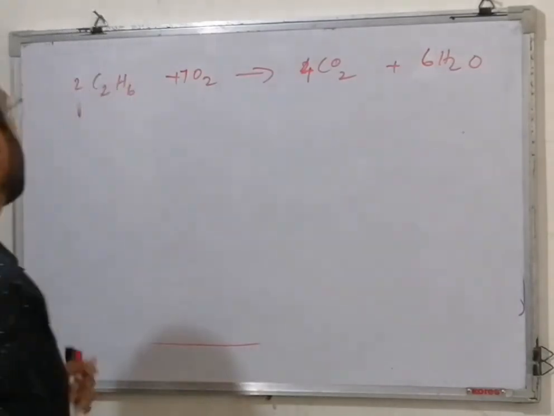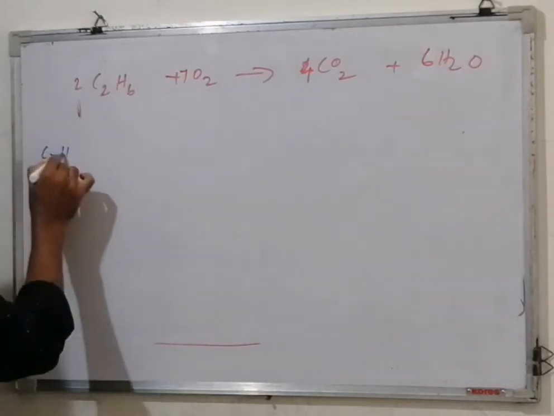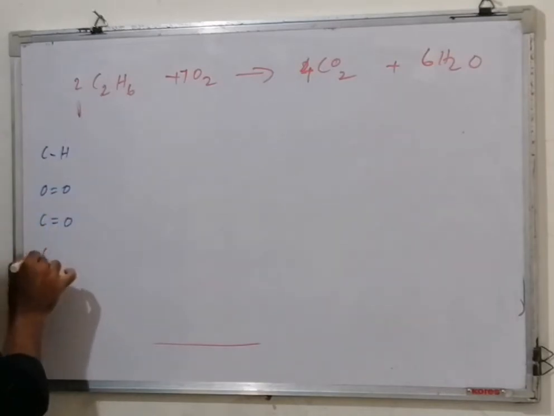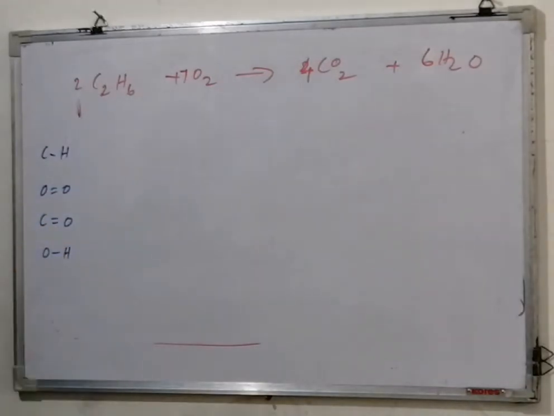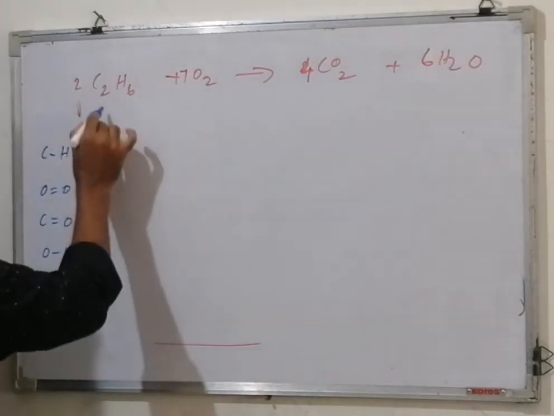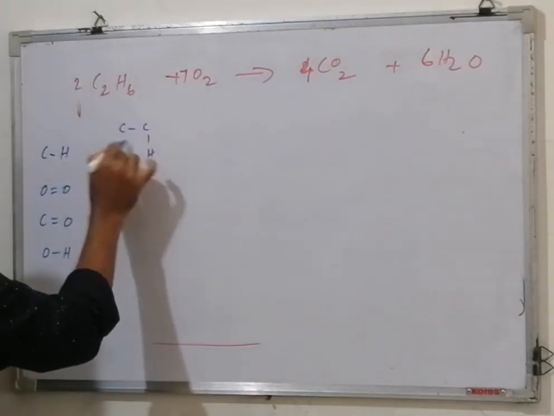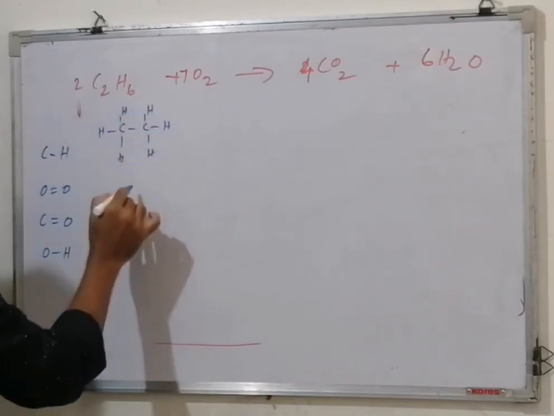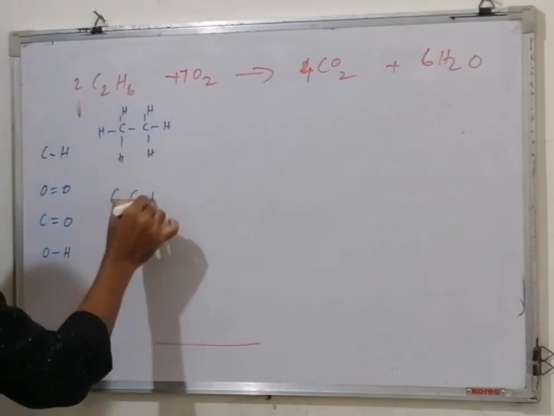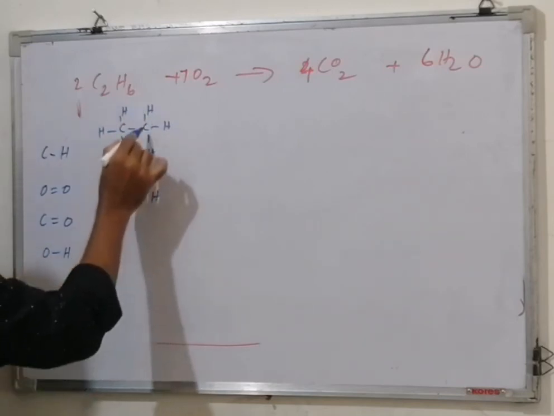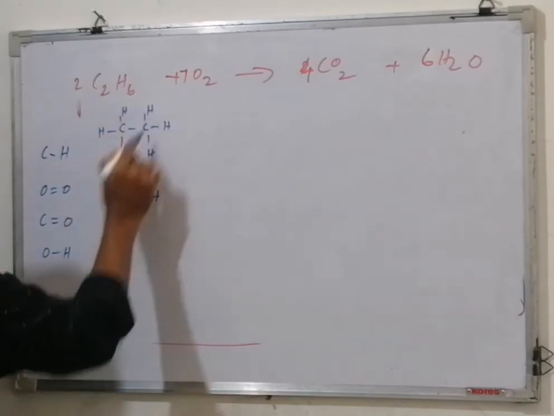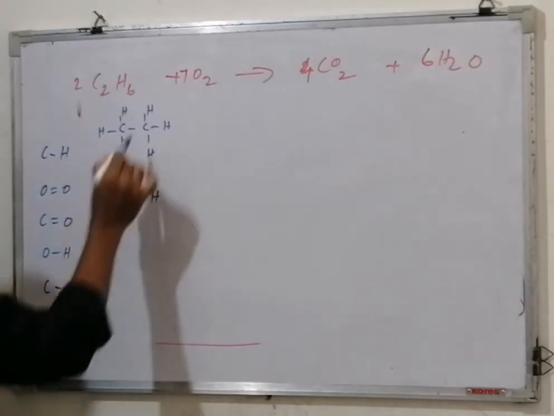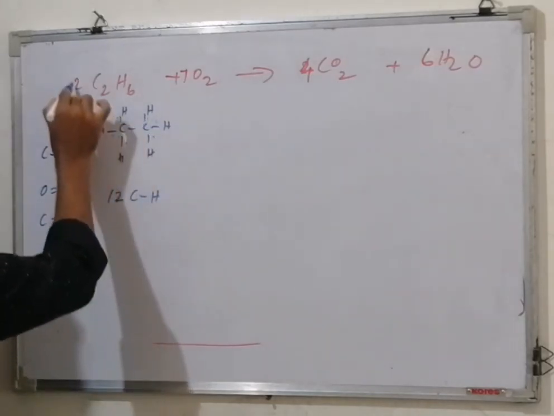Now you have a CH bond enthalpy, oxygen bond enthalpy, C double bond O enthalpy, and OH bond enthalpy. Suppose when you apply, very carefully, C2H6: 6 CH bond enthalpies, not 6, 12 CH bonds. Why? 1, 2, 3, 4, 5, 6 CH bonds in each, 6 into 2, 12.